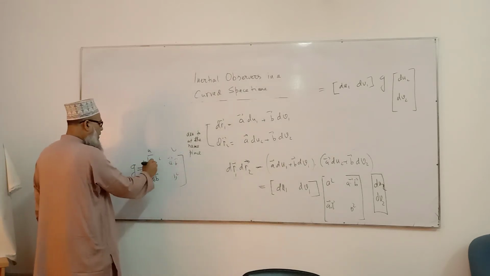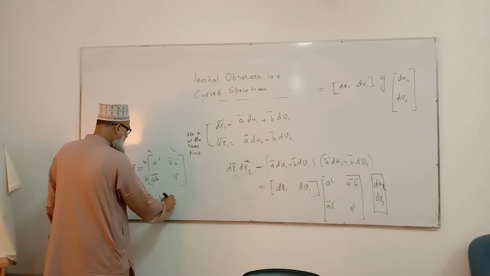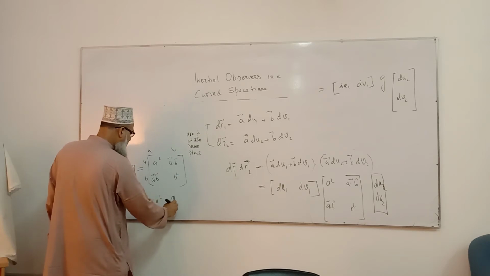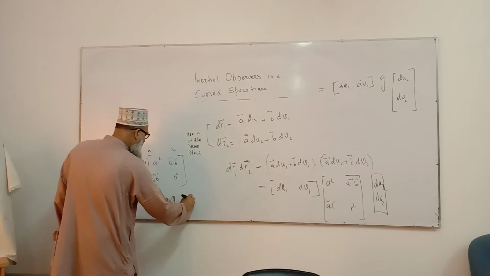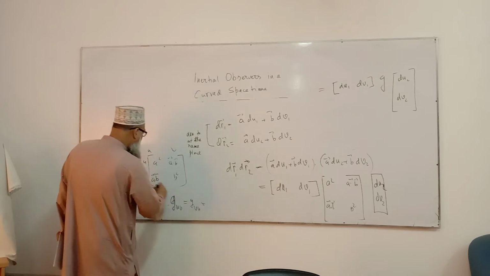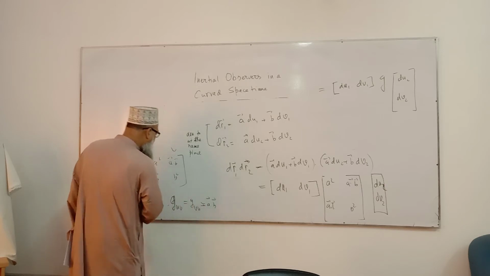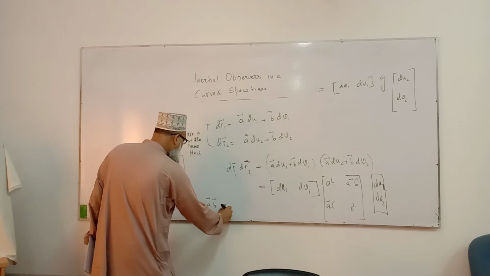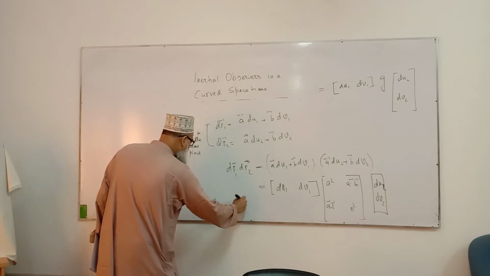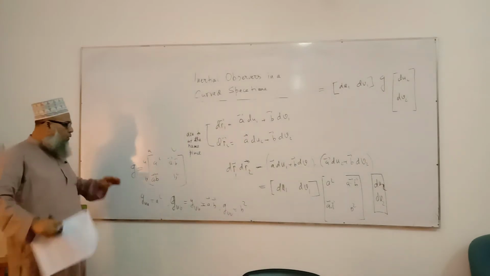This is G_UV, and this is G_VU. Both have the same value, a dot b. And this is G_VV, which is b square.